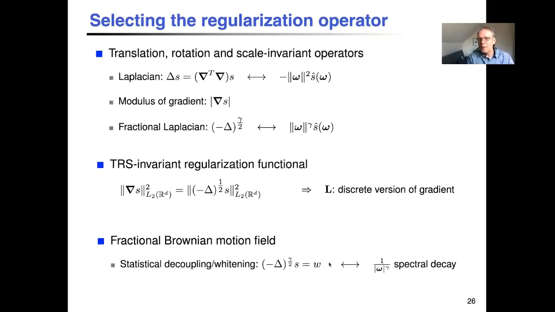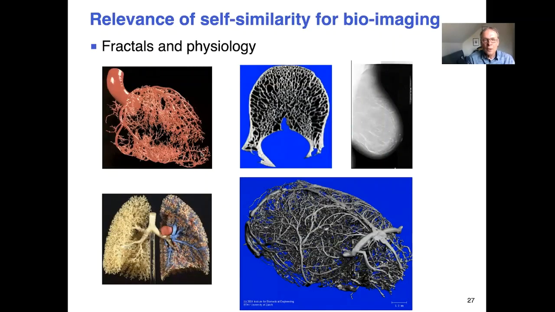So concretely, what this means is that it has a 1 over omega gamma spectral decay. Now, if you look at biomedical imaging, to a first approximation, if you look at the spectra, it is actually very well satisfied that the frequency content goes down with this kind of power law. And so this can be some justification for why people are using, for example, a gradient and Laplacian for regularization.